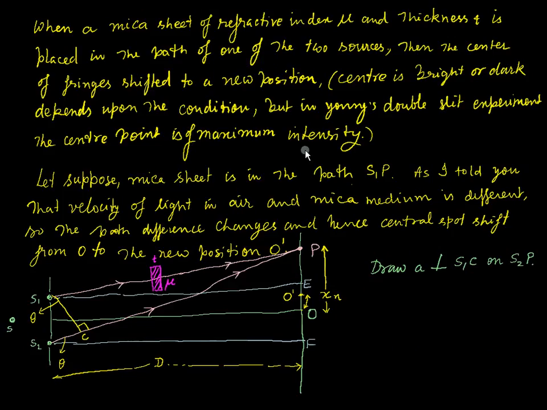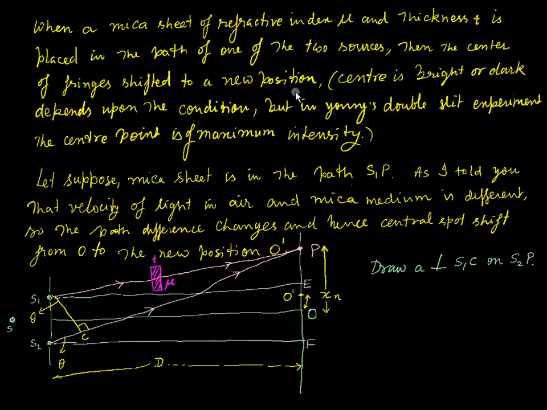Now, what actually happens when we insert a mica sheet in the path of a light ray? Let's begin. When a mica sheet of refractive index mu and thickness t is placed in the path of one of the two sources, then the center of the fringe is shifted to a new position.